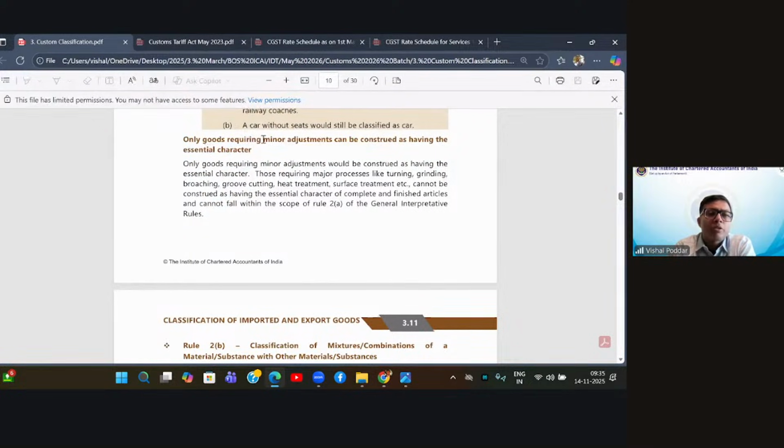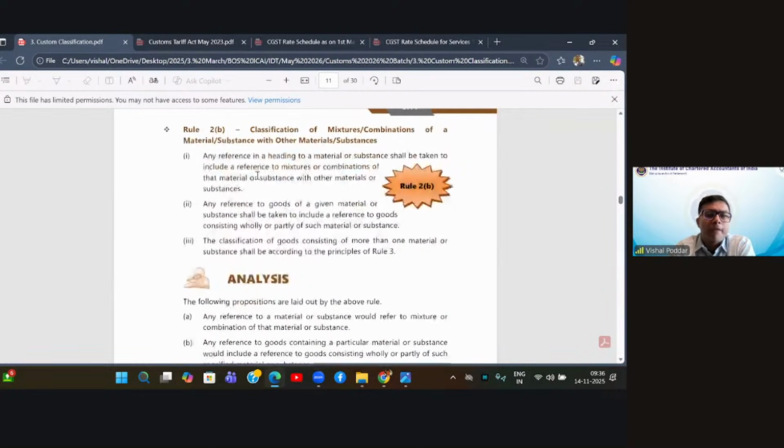Similarly, it is said that only goods requiring minor adjustments can be considered as having the essential character. Now comes rule 2B. What is rule 2B dealing with? Many chapters which you will see are not using the names of the final product. Like, as I was giving the example, chocolate. Chocolate is the final product. You will not find the word chocolate anywhere, but you will find the chapter saying products of cocoa.